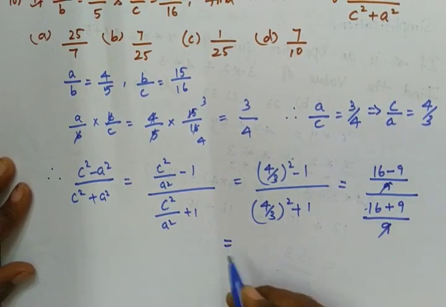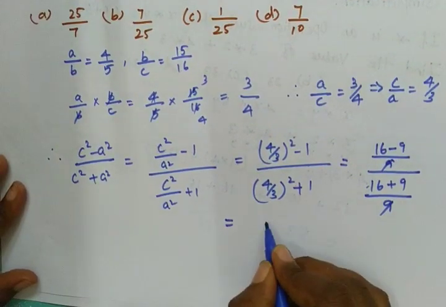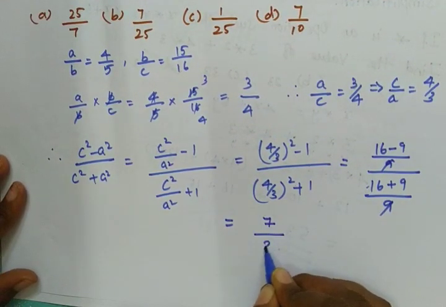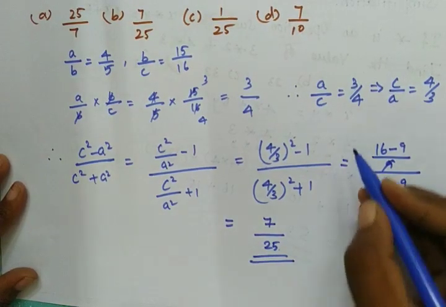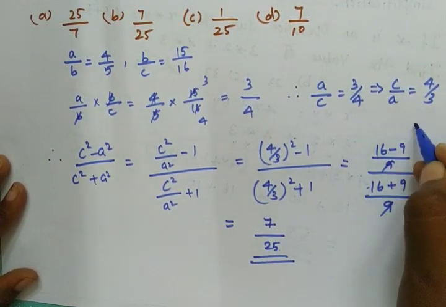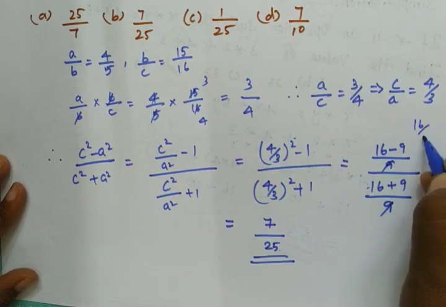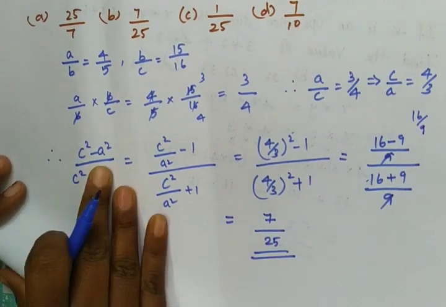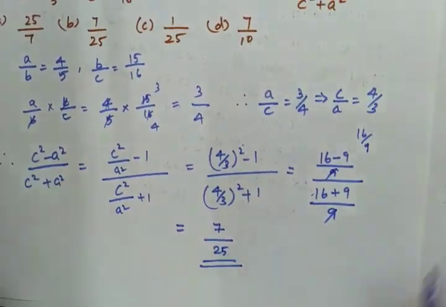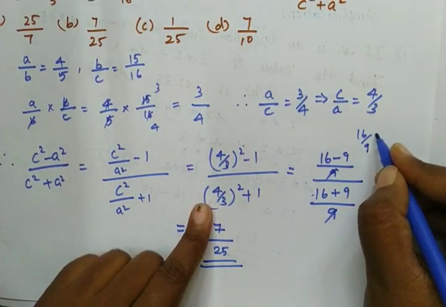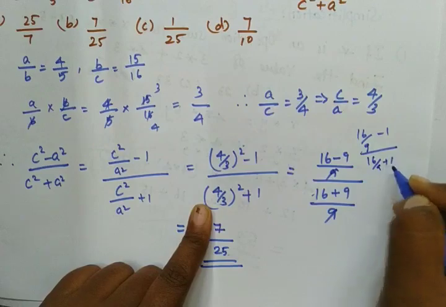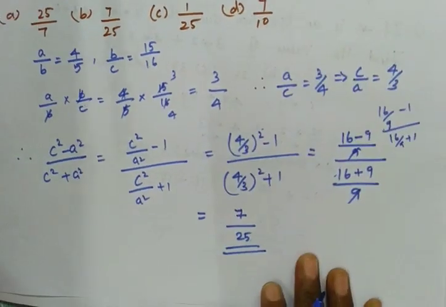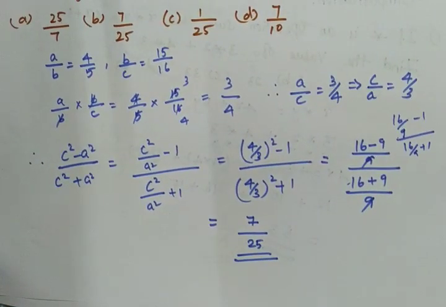Therefore which is equal to 7 by 25. This is the answer. Here I skipped one step, that is here we'll get 16 by 9 minus 1 by 16 by 9 plus 1. So after this we have to take the LCM. So this is the solution for this question.